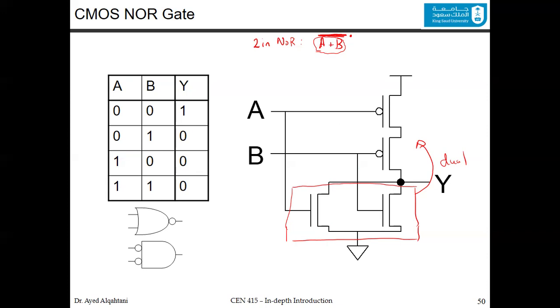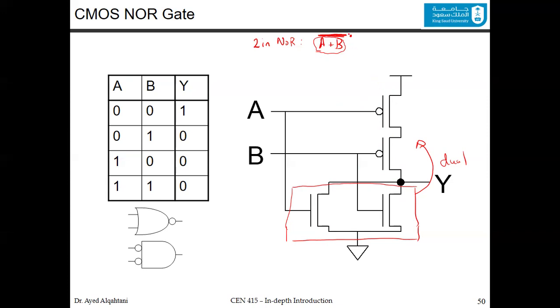If they are ANDed together, then they will be series. Because there is an OR between A and B, we will have them parallel, and we will have the dual in the PMOS pull-up network. So since they are parallel, they will become series in the pull-up network.